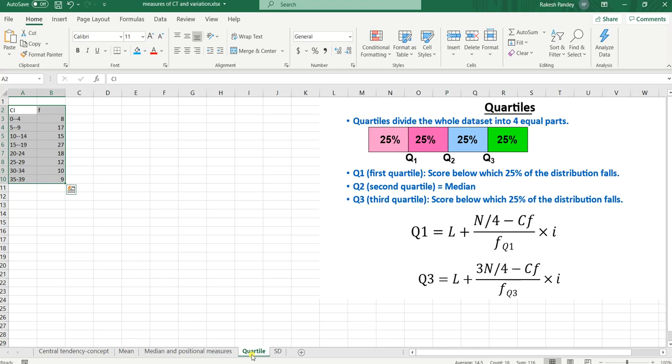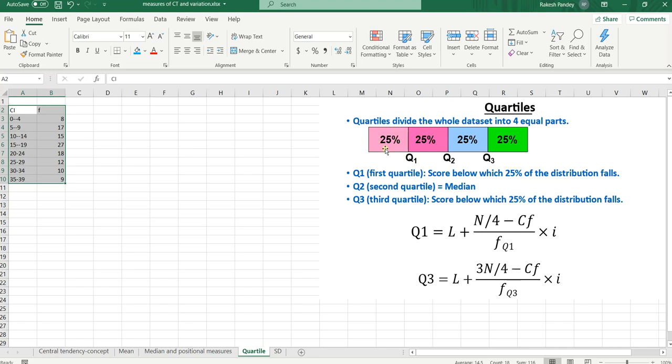When we are interested in dividing the whole data set into four equal parts of 25% each, you can see this is the first 25%, then the next. And remember that data are arranged in some order, such as increasing order.